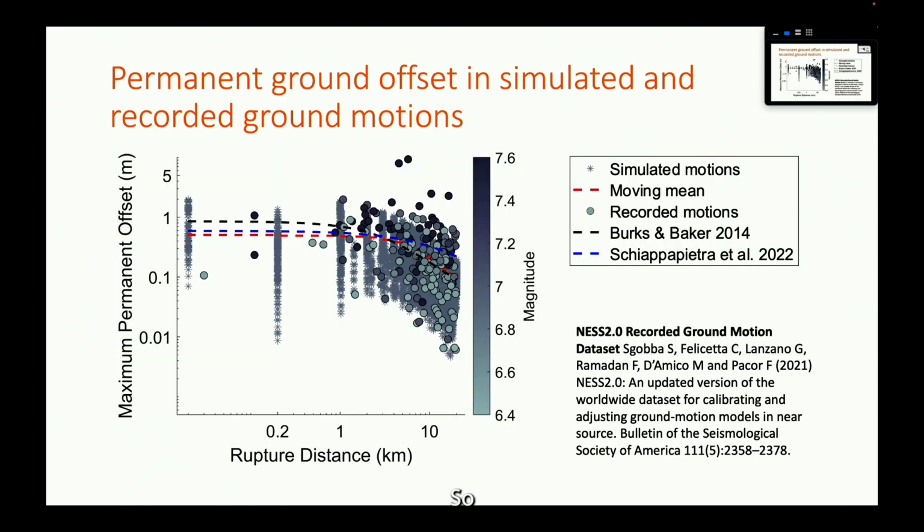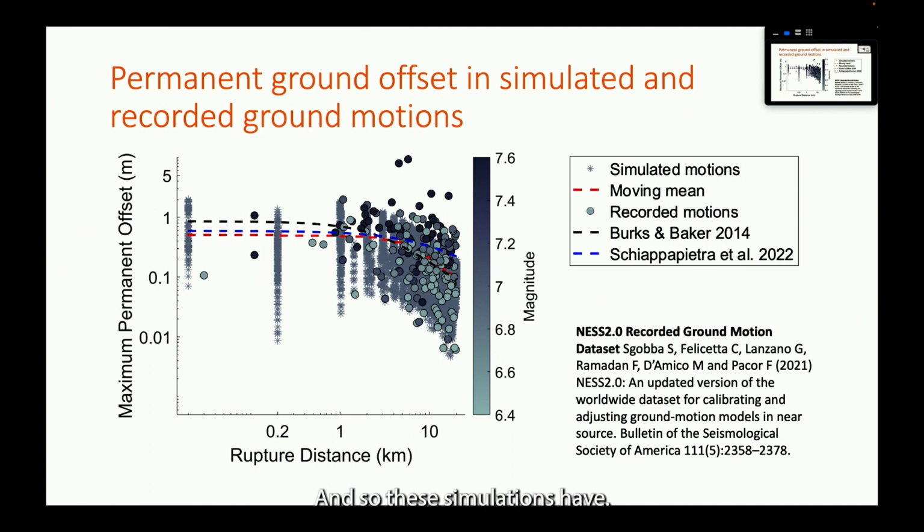So I think the results that we're seeing are very promising. We used the rupture simulations that we have. We looked at the permanent offsets in those simulations. We compared them to a group of recorded motions that have been especially processed to preserve that offset. We also compared them to some empirical models that have been developed to predict that permanent offset in an empirical way, similar to empirical ground motions for predicting other shaking intensity measures.